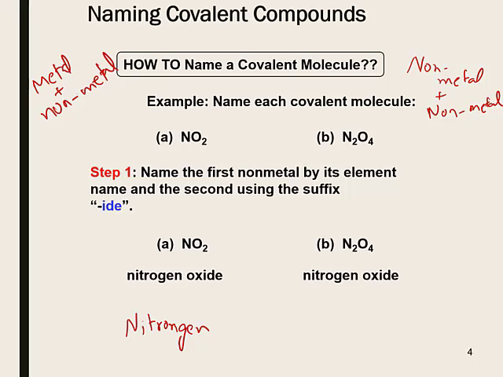Now the second nonmetal, you name it and change that name by removing the last three letters and adding the suffix "ide." For example, oxygen: we're going to remove the last three letters "gen" and add "ide" to it, so oxygen will become oxide. In example B also we have nitrogen, so the first part of the name will be nitrogen and the second part will again be oxide.